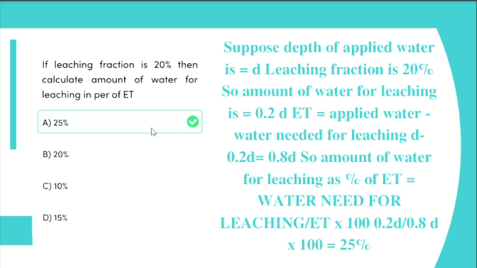In this question, suppose the depth of water applied is equal to D. Leaching fraction is 20%, so the amount of water for leaching is 0.2 D. ET is equal to applied water minus water needed for leaching, D minus 0.2 D, which is equal to 0.8 D. So the amount of water for leaching as a percentage of ET is equal to water needed for leaching divided by evapotranspiration multiplied by 100. So we get 25% as the answer. So option number A is correct.